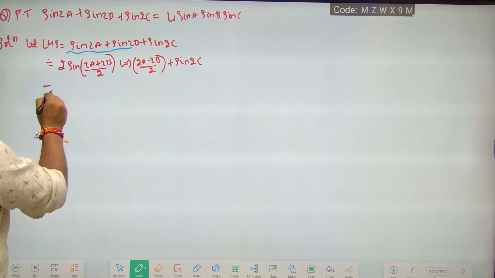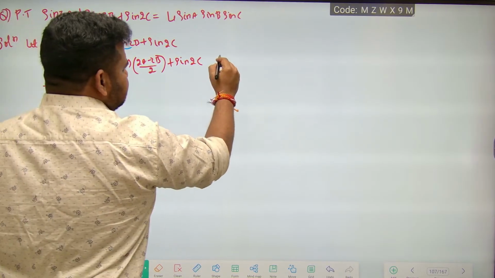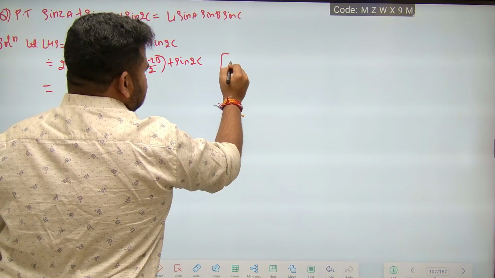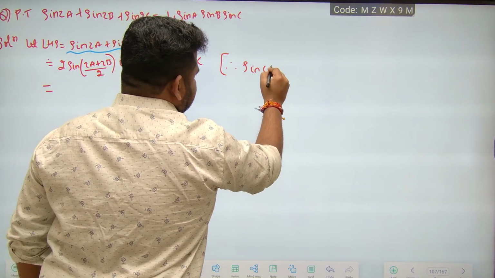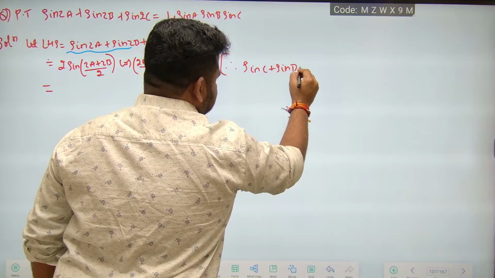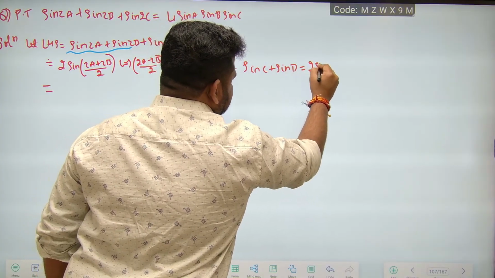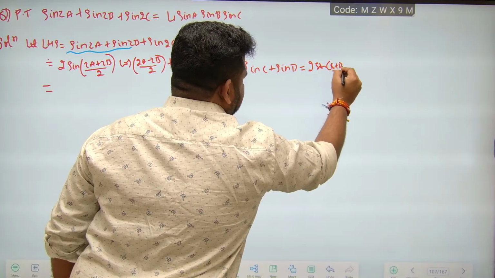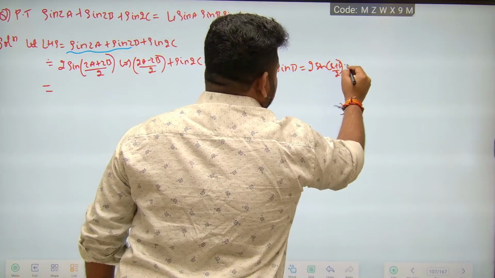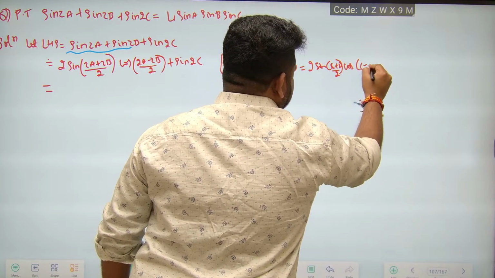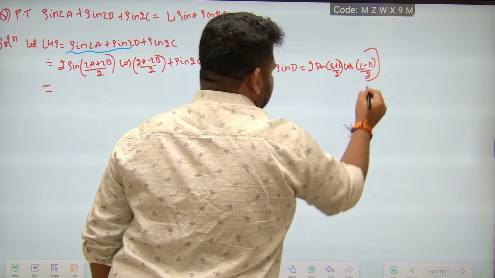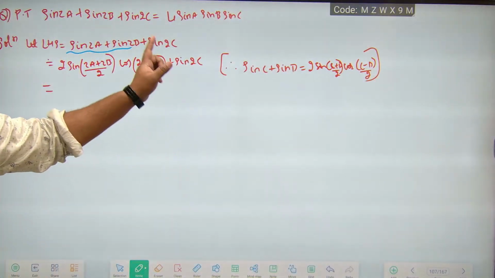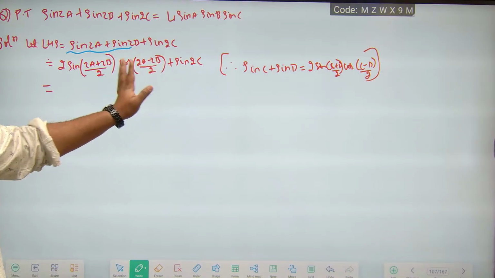Very important, you have to write the reason everywhere: sin C plus sin D is equal to 2 sin (C plus D) by 2 into cos (C minus D) by 2. Wherever possible, you have to write the reason, then only you will get the marks.